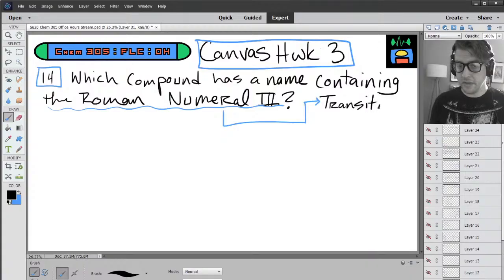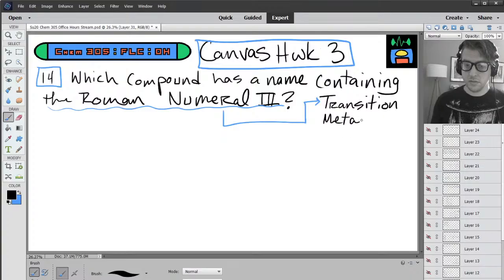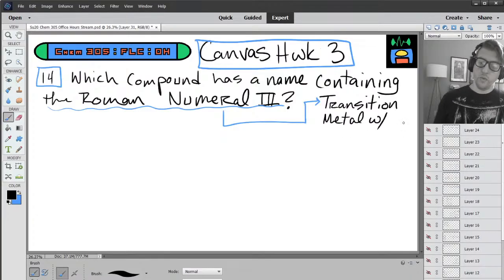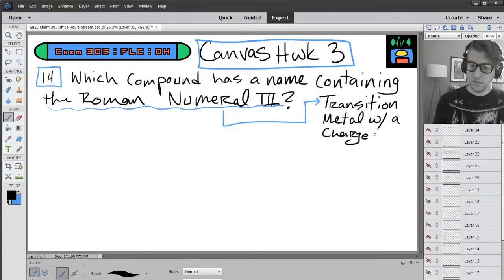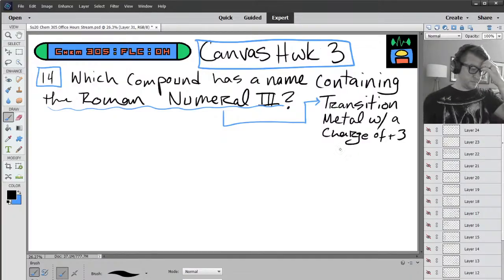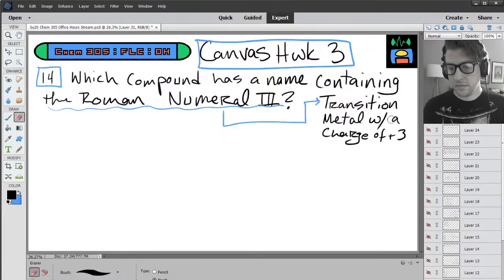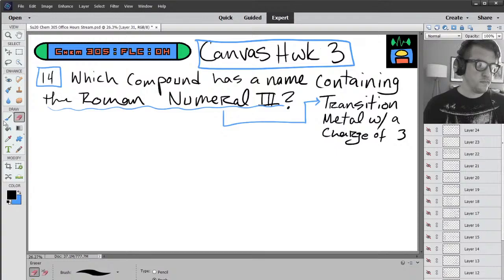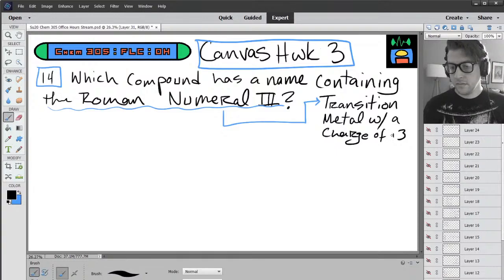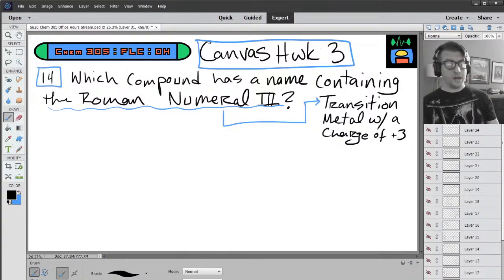It has to have a transition metal with a charge of +3.